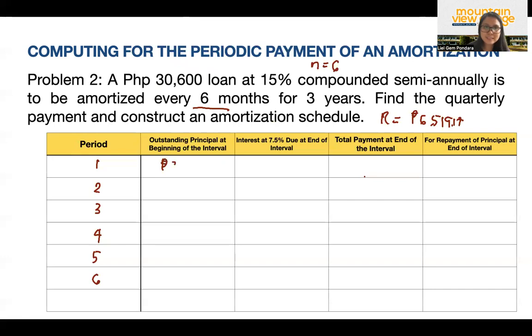Our starting balance is 30,600. Then we are paying 6,519.17. Rovi will compute all the interest, Vince will compute all the repayment of the principal, and Chat will tell us the outstanding principal. Ready? Start, Rovi. How much is the first interest?